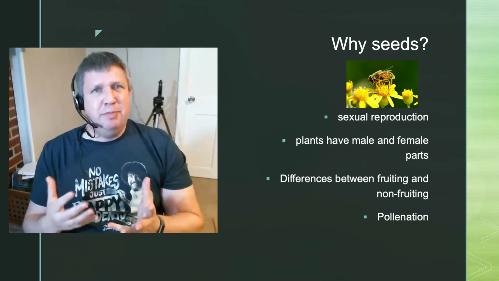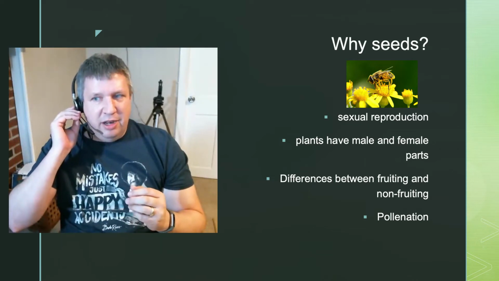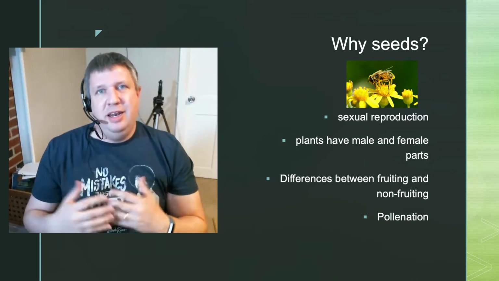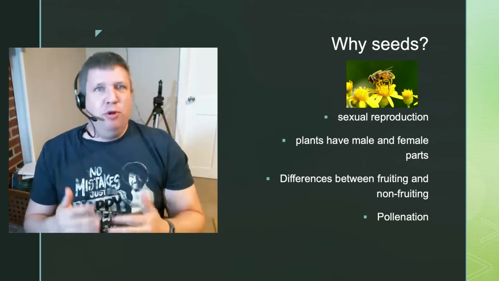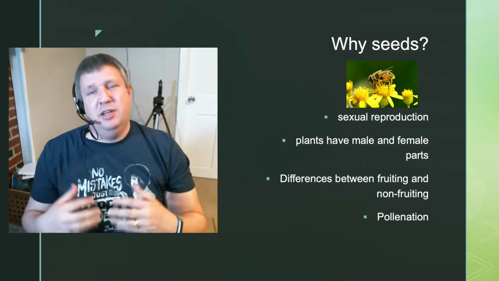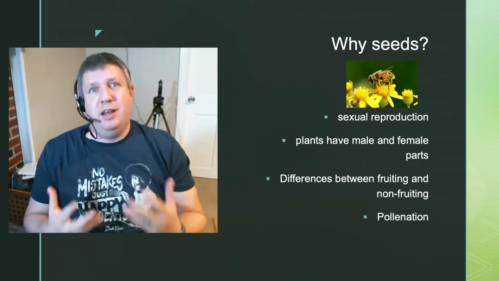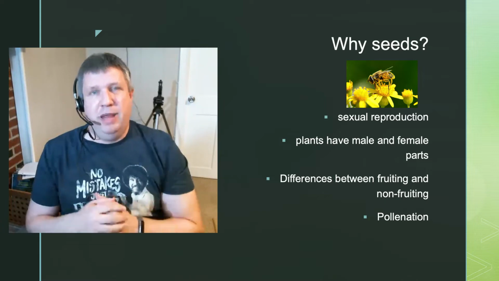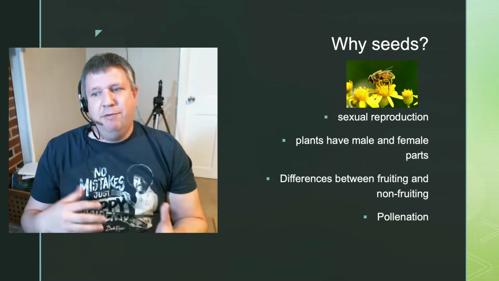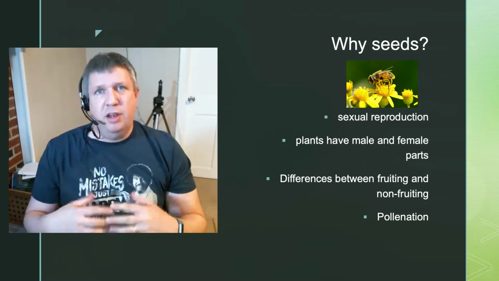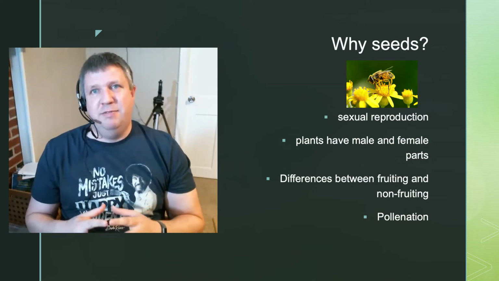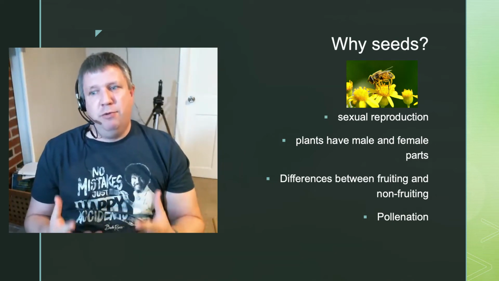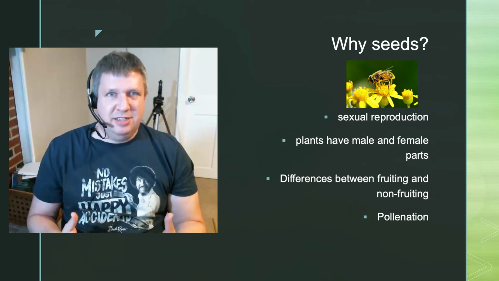So this process happens a little bit differently between fruiting and non-fruiting plants. In a non-fruiting plant, after the process of pollination occurs, the seeds are going to be produced directly from the location where the flower was on the plant. In fruiting plants, the location of the flower on the plant is eventually going to become some sort of a fruit that actually contains the seed.